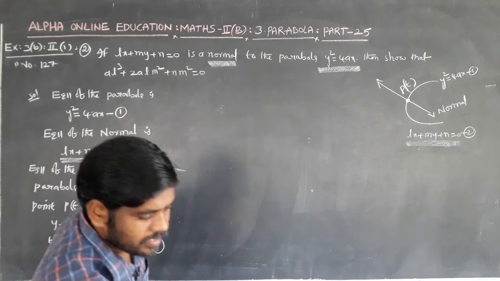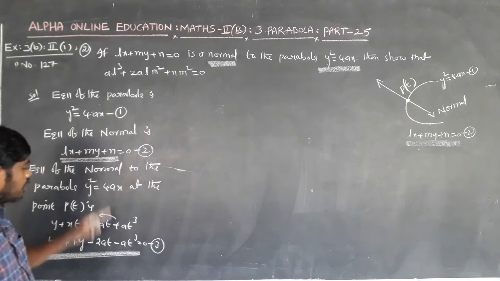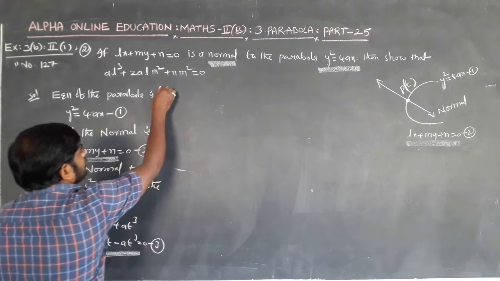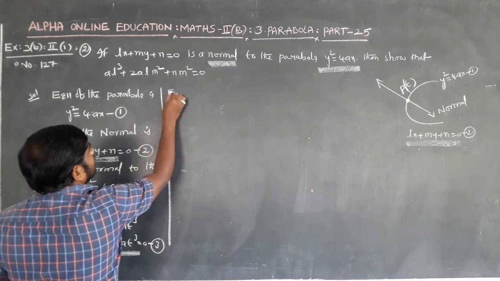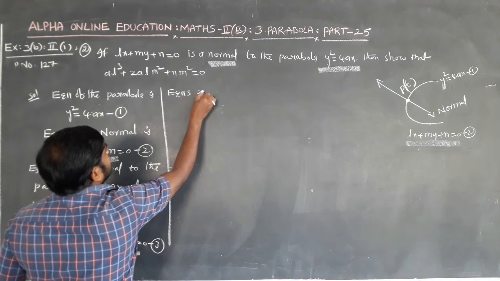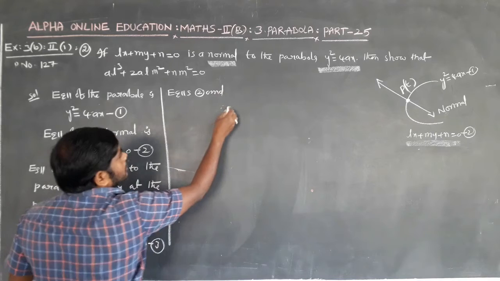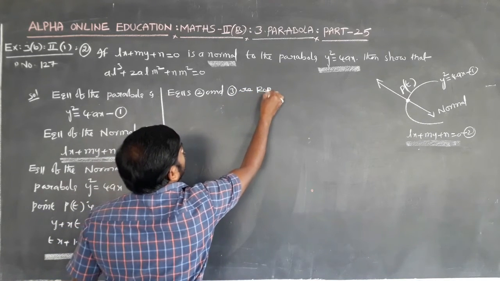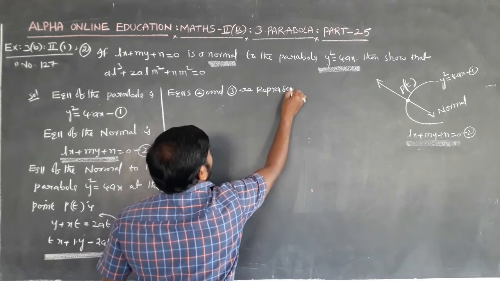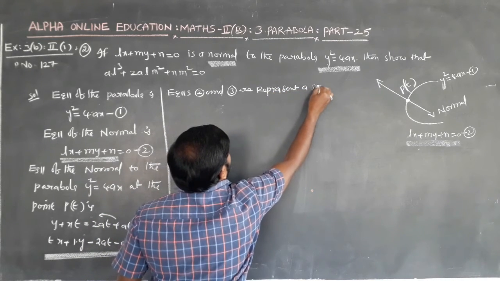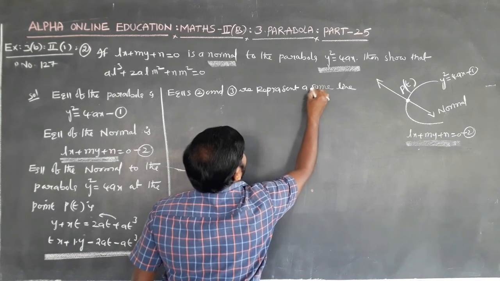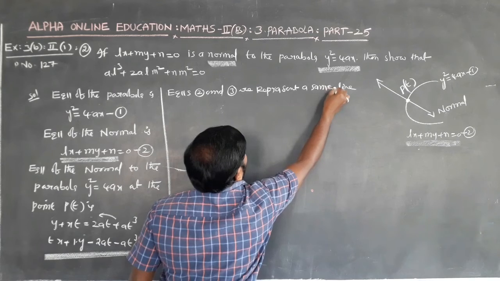Here equations 2 and 3 represent the same line, the equation of the normal.